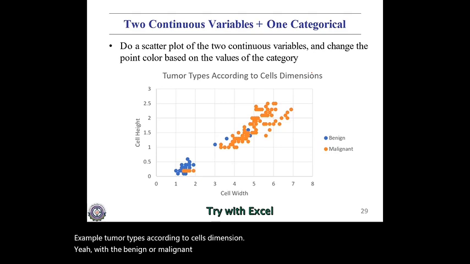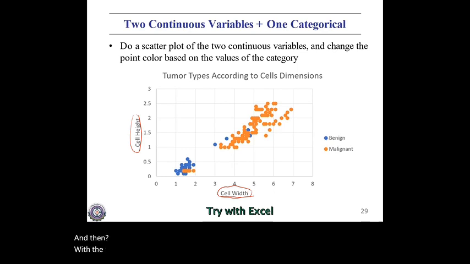With the cell width and the cell height as data, the color is very important in this visualization because it has a different meaning: purple or blue for benign, and brown or orange for malignant.